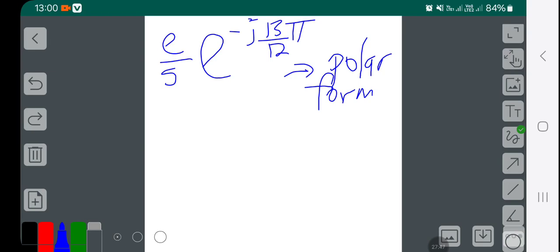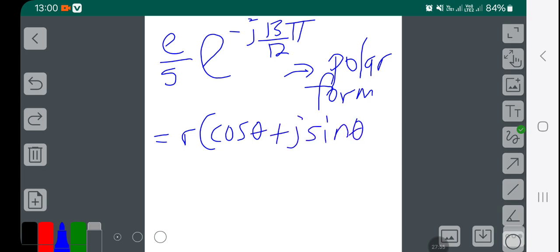Our polar form must be in this state. It must be r, then cos theta plus j sine theta. So I think we already covered, but this one here is your r, but originally your formula will be r e to the j theta, like this. I think you know this, guys. This thing is very important.